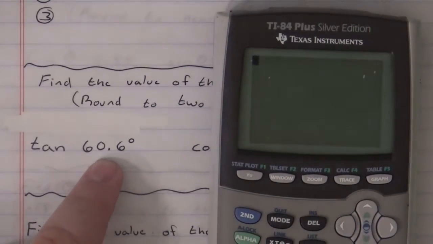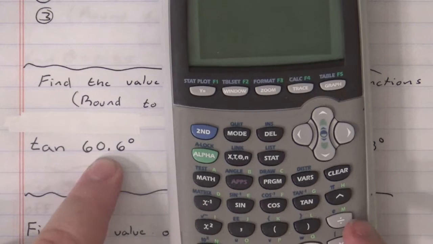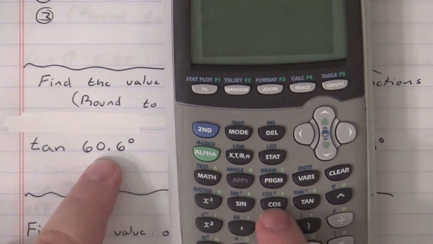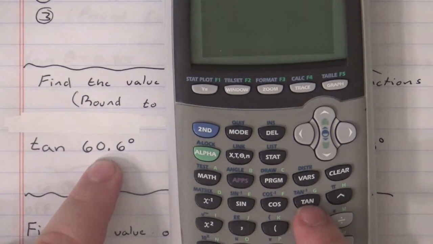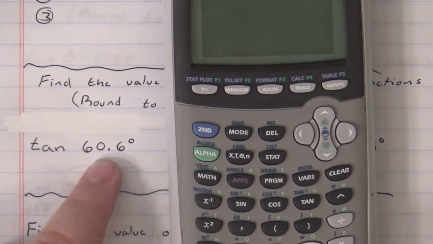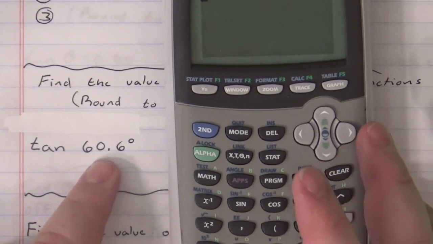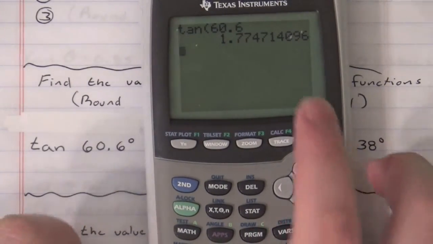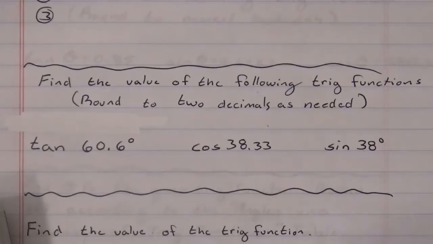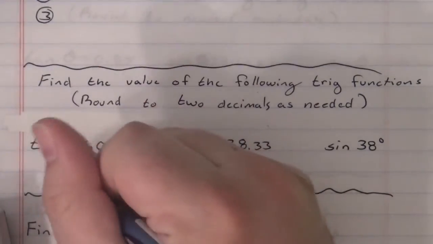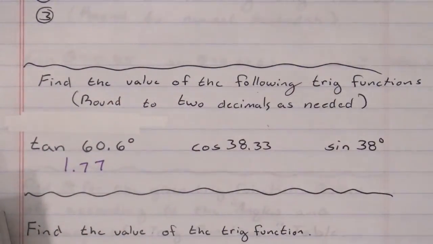Well, that's easy. Look at your calculator. You have sine, you have cosine, and you have tangent. You're just going to hit tan 60.6 and you're done. You find out that the answer is 1.77. Wow, that was hard.